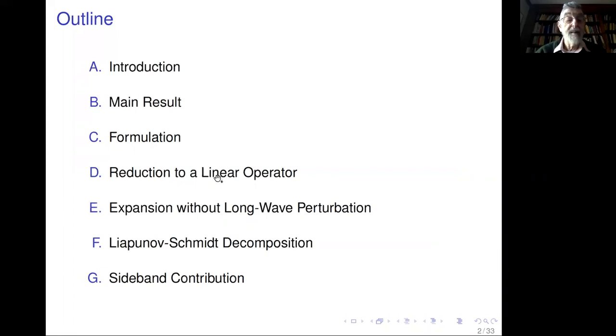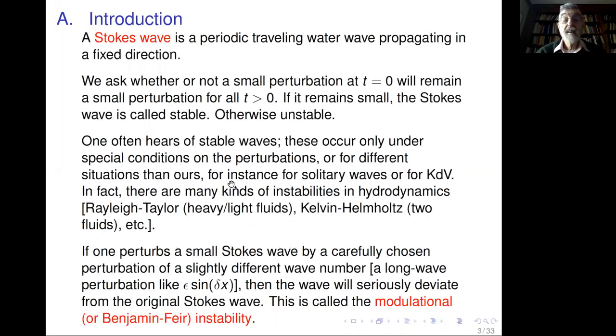I'll explain that in a moment. And so we linearize the whole problem. And then most of what I'm talking about is an outline of the proof of the instability. So let me start by saying what the basic problem is.